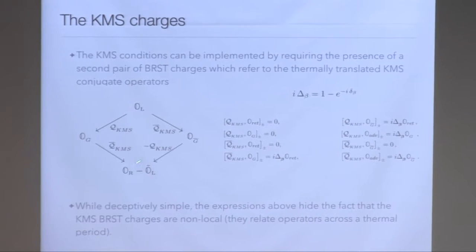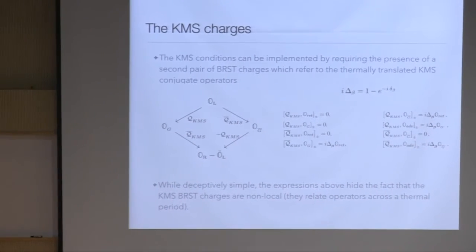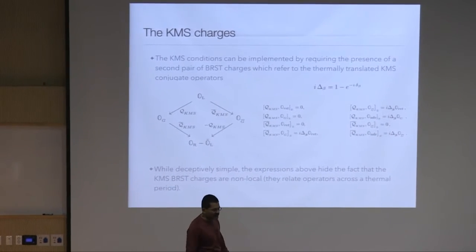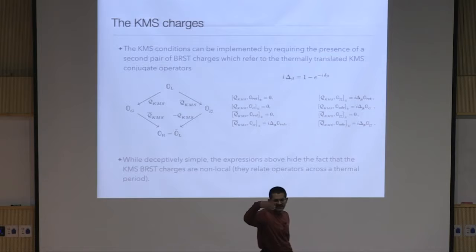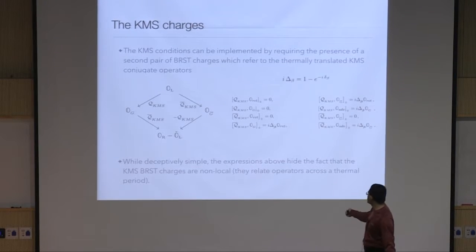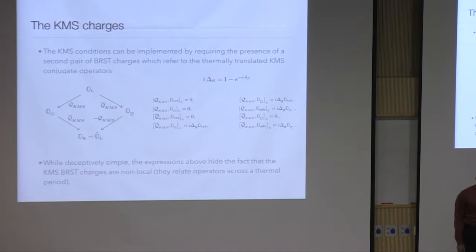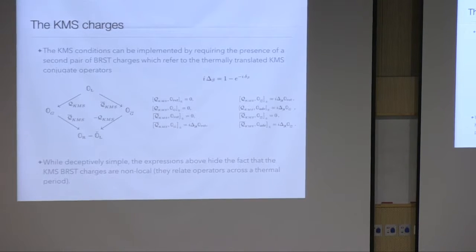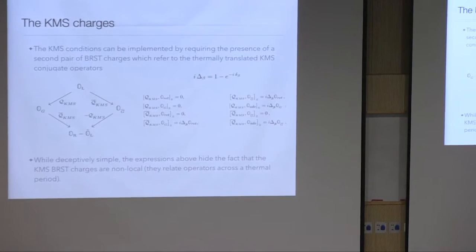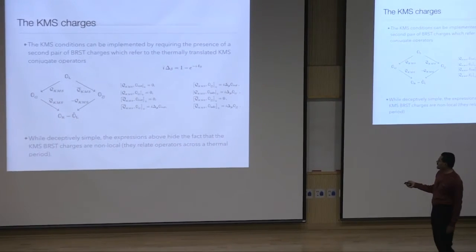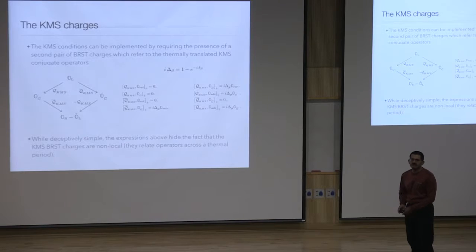So these BRST charges are not local in a simple sense. If temperature is finite and the thermal circle is of finite size, these operators are not something that one is usually used to working with. For the moment, I'm just going to formally analyze what this means. Later on, I'll only work in a limit where the thermal circle is small, where I can do infinitesimal transformations. I'll also make an approximation later, but just remember this in what follows.